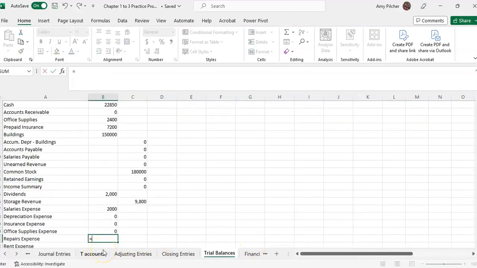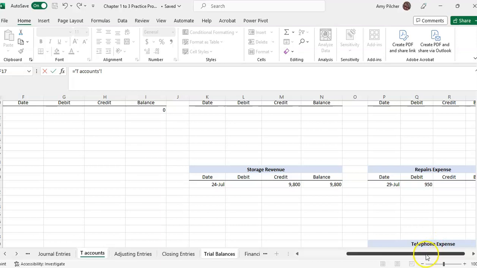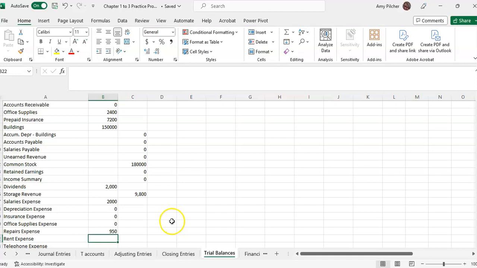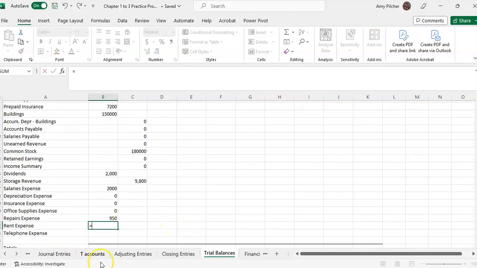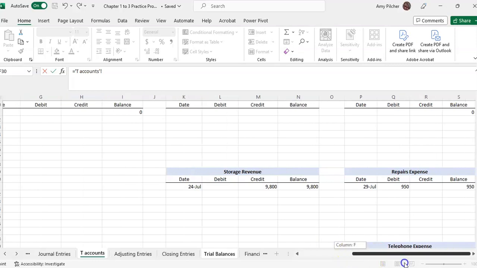Repairs expense, balance of 950. Rent expense. So I have rent expense twice. Let's look at that.